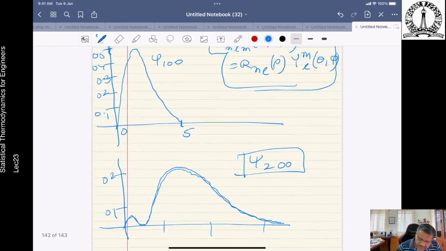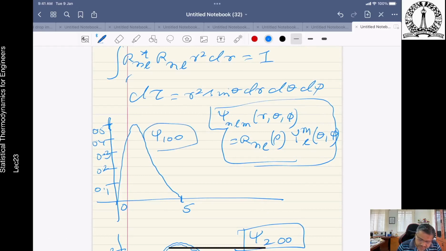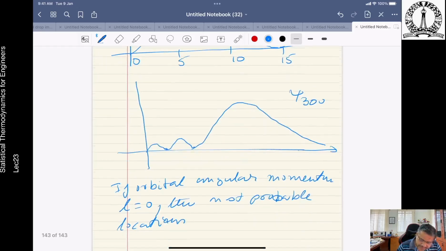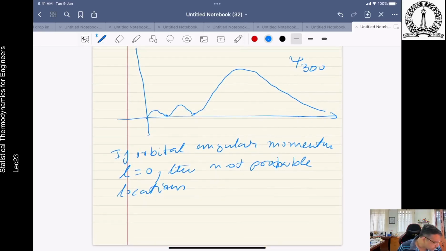So these are the most probable locations, and they actually are as shown in the figure above and also in the book. Now this has got a particular charm.